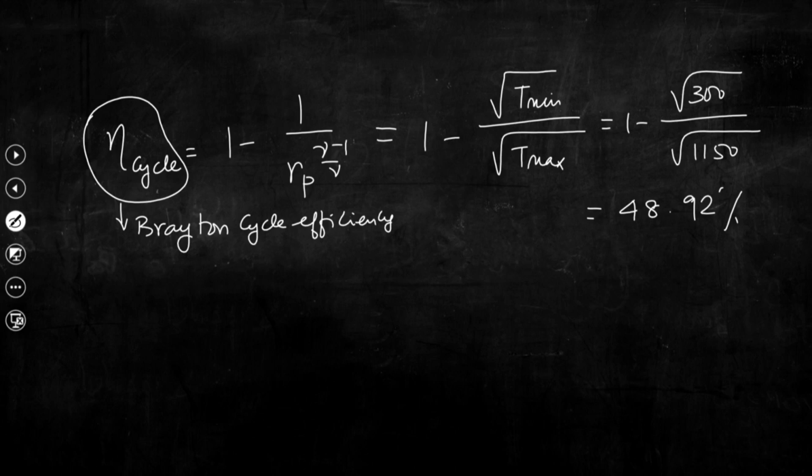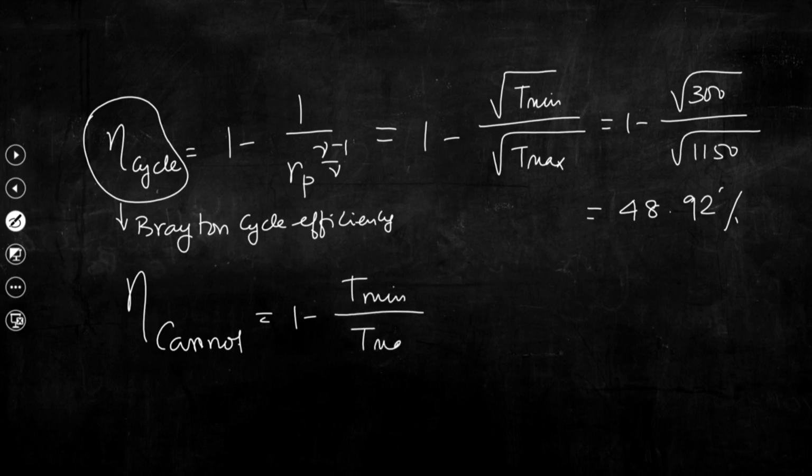That means, if we consider that the Brayton cycle is operating between two temperature limits, and considering the same temperature limits, if we consider the Carnot cycle, then the Carnot cycle efficiency will be equal to 1 minus T min by T max, equal to 1 minus 300 divided by 1150, and that is equal to 73.91%.